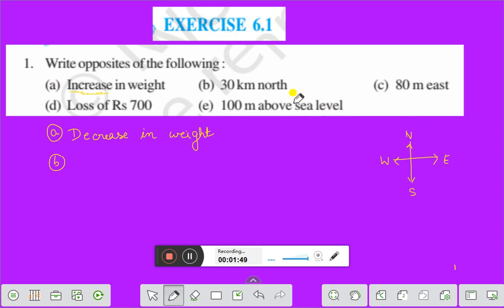Right? Now here the word is north. Here this is north direction. Now what is the opposite direction of north? That is south. Opposite direction of north is south. Therefore 30 km north. Therefore the opposite of this will be 30 km south.